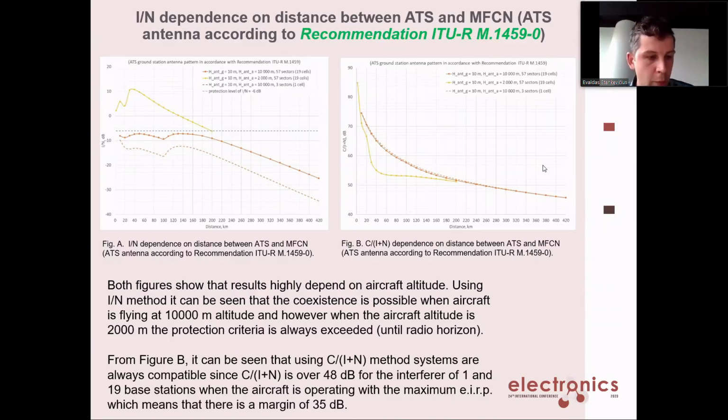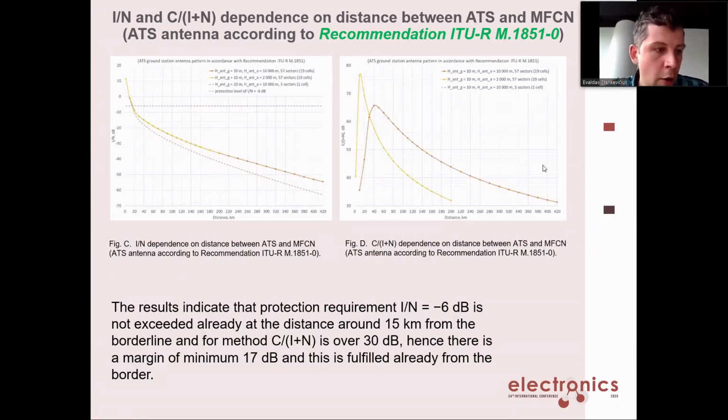And if we use the more precise, more correct interference criteria of C over I plus N, we see that there is a margin of 35 dBs regarding this protection criteria. So we have a really high power budget, which means that the ATS system is overprotected.